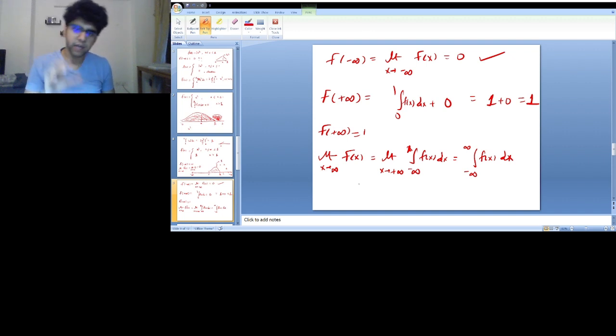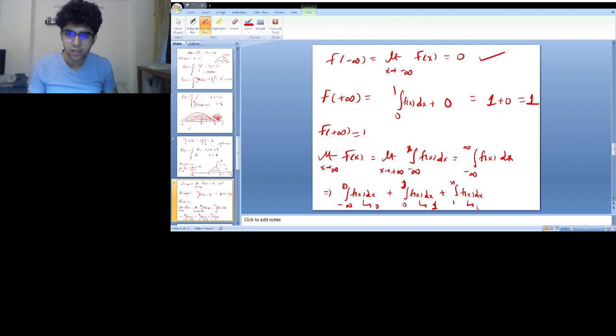I can break this up: from negative infinity to 0, I don't have any PDF present, so this will automatically be 0. From 0 to 1 I have the PDF, which was 3x squared, so this will be equal to 1, the total area under the curve. And from 1 to infinity I don't have any PDF defined, so this will again be 0. So the total is equal to 1, right?